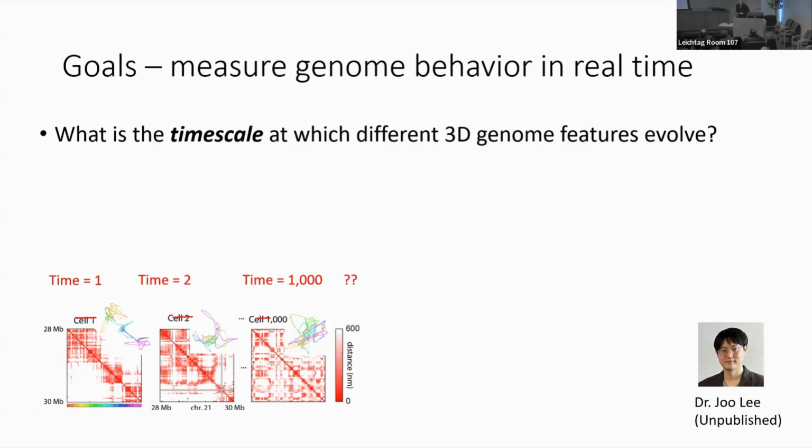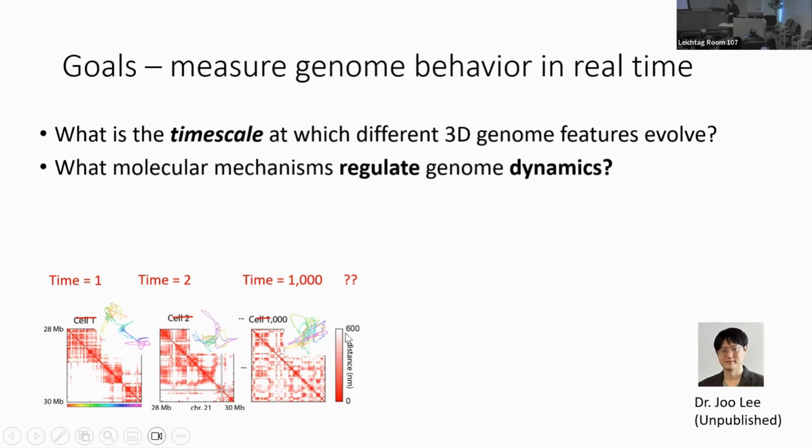The particular goals we'd like to address are to understand at what timescales the different 3D genome features, such as the loops, TADs, and compartment structures evolve. How quickly do they change? In a snapshot, we see all these differences, but how long does it take this to get to that or that to get to here? What molecular mechanisms regulate specifically the dynamics?